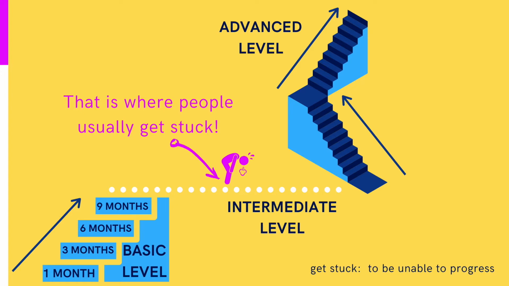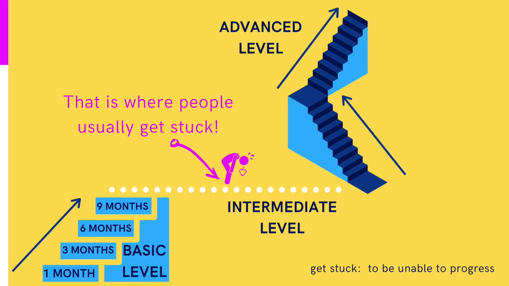Every student who is learning English starts from somewhere, from zero, right? So then after 1 month, you can see a lot of progress. After 3 months, you can see a lot of progress. And then after 6 months, you can see a lot of progress. Yes. And then you jump from the basic level to the intermediate level.